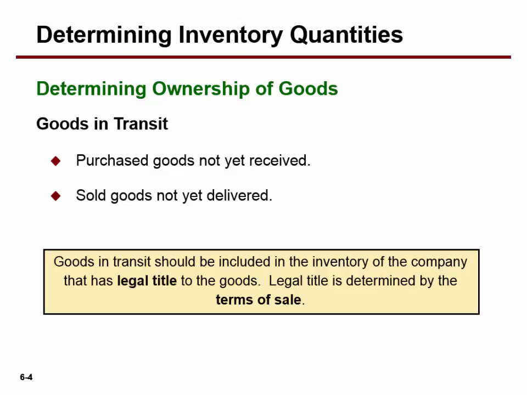If items are being shipped, then we have to look at the shipping terms to determine if we should include that as part of the buyer's ending inventory or part of the seller's ending inventory, right? I'm talking about the actual physical items.